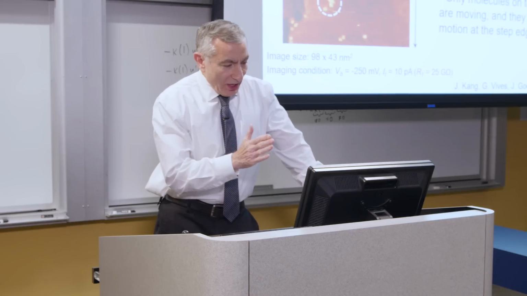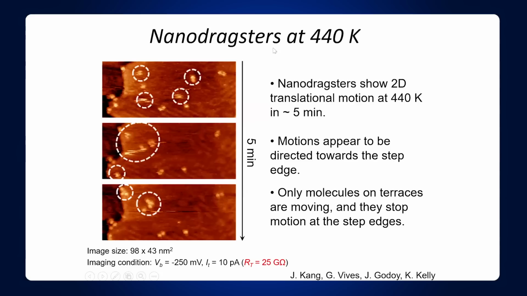They move toward the step edge because remember, there's a charge buildup when you have this edge here, because there's these gold atoms all along the edges that accumulate charge because they have nothing else to donate into, because they're just kind of hanging off the edge. And so all of these spots are the dragsters moving toward the step edge. So you see that little by little, these are moving toward the step edge. And so they go toward that charged edge.